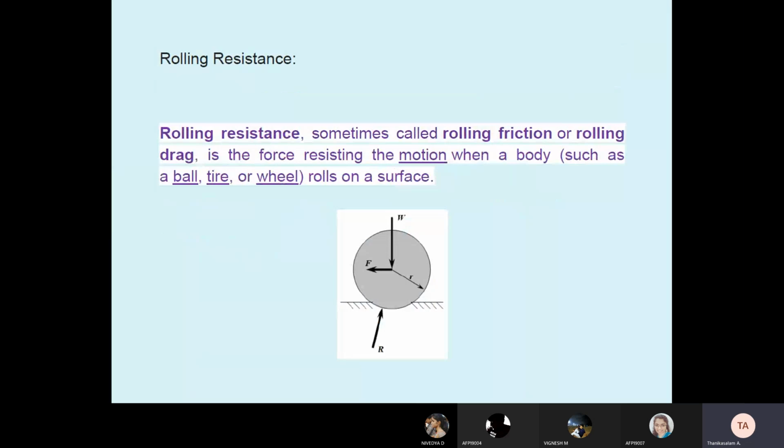Okay. Then we discussed rolling resistance, also called rolling friction or rolling drag. It is the force resisting the motion when a body such as a ball, tire, or wheel rolls on a surface.